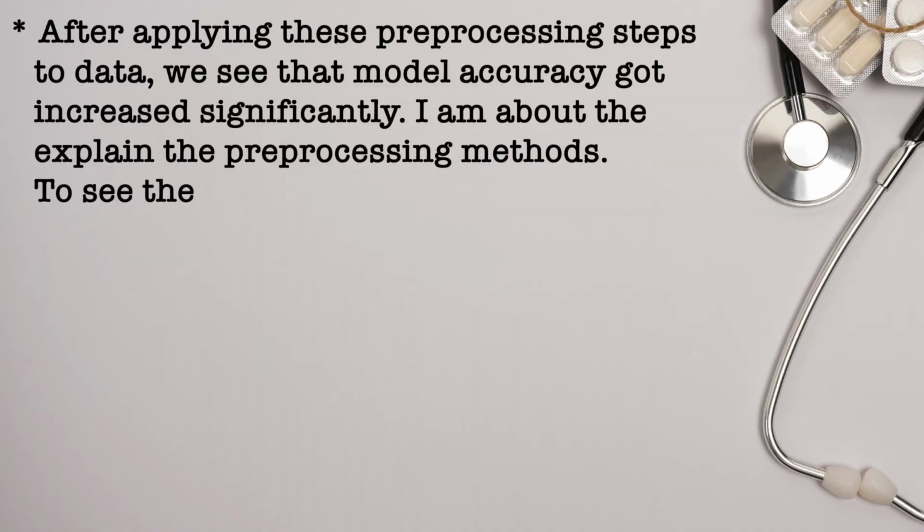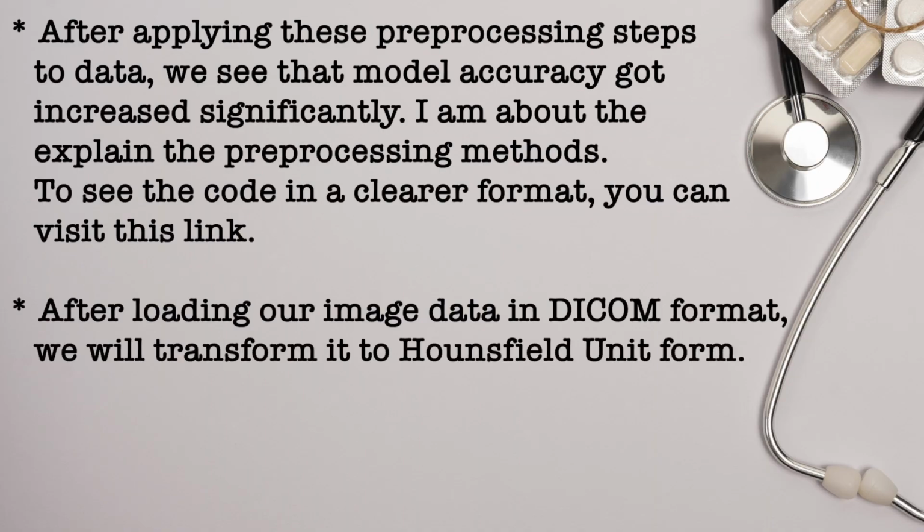These 5 portions are going to pre-process your normal image into your enhanced image. After applying these pre-processing steps, we see that model accuracy increased significantly. I am about to explain the pre-processing methods.